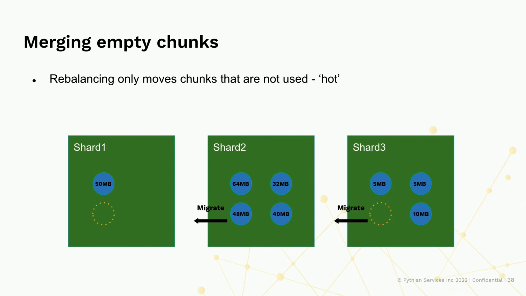The balancer will find a chunk that is not being used at the moment, and it will migrate that chunk over to the shards that are missing chunks.